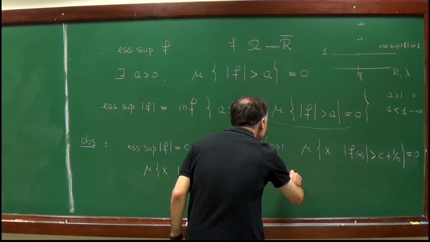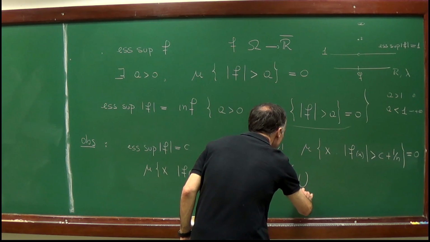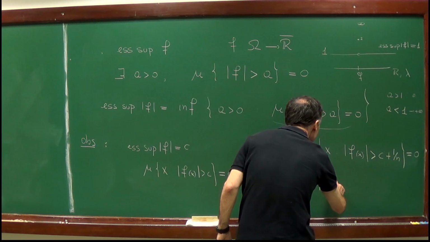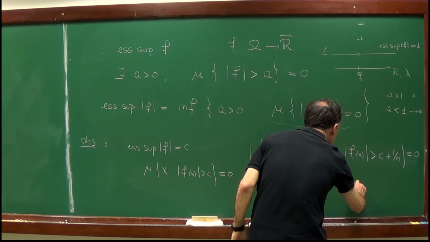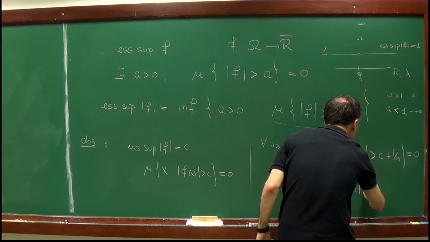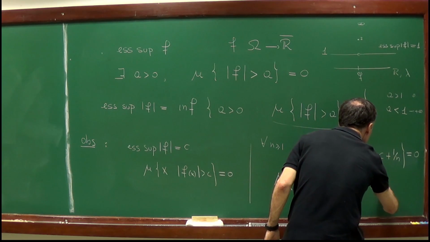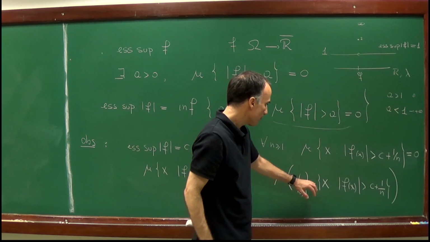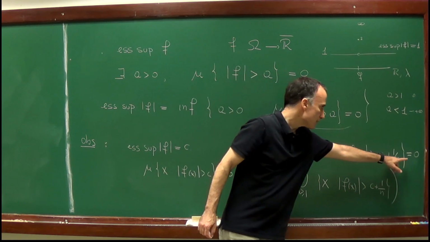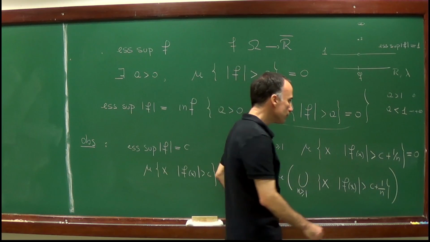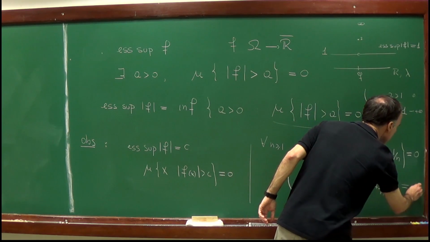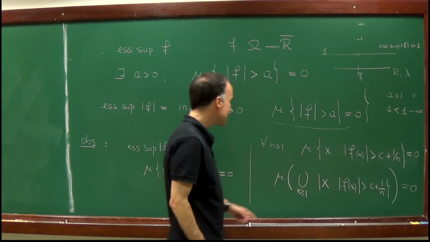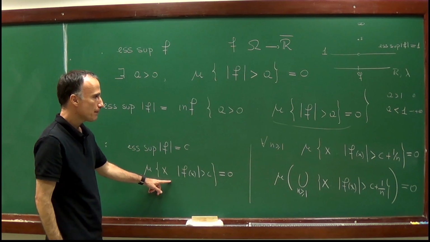So the measure of the union over all n larger than 1 of the points x such that f of x is larger than C plus 1 over n is 0, since the measure of each set is equal to 0. Well, but this set, it's exactly that set, right?